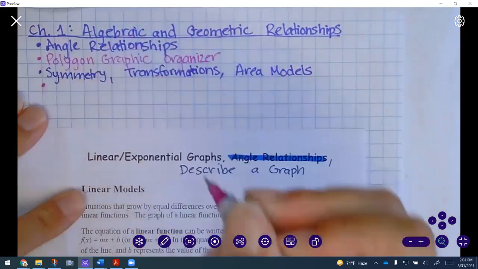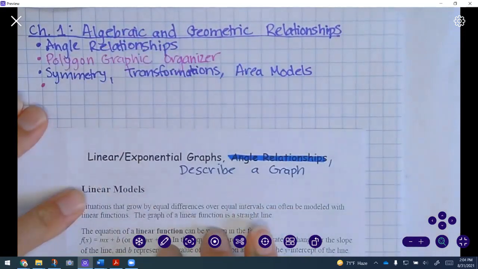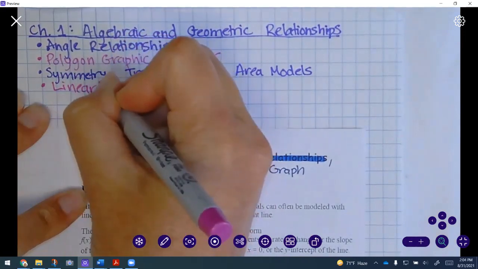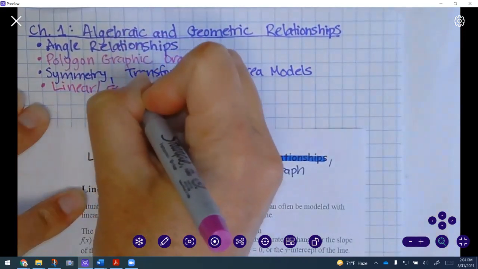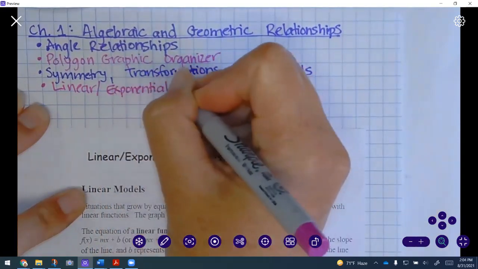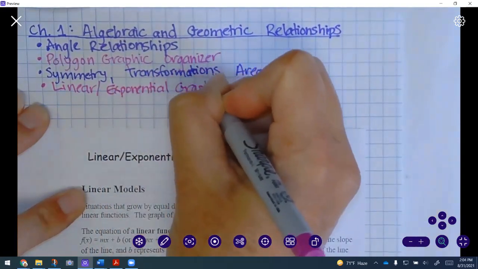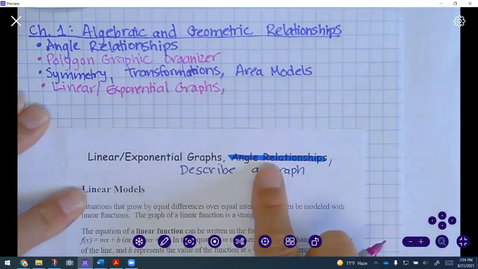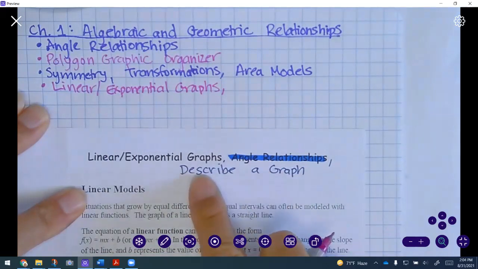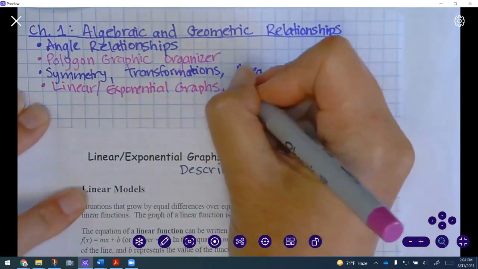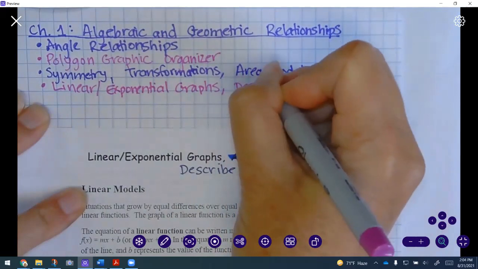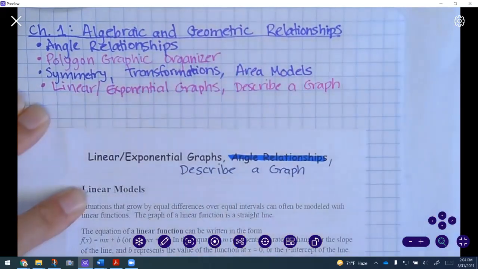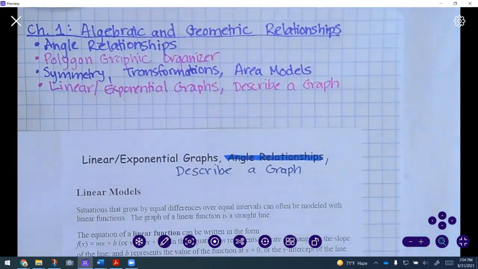So linear exponential graphs. And again, I crossed out angle relationships because we've already added that in, and I'm doing describe a graph instead. And those are the ones we're going to add in.